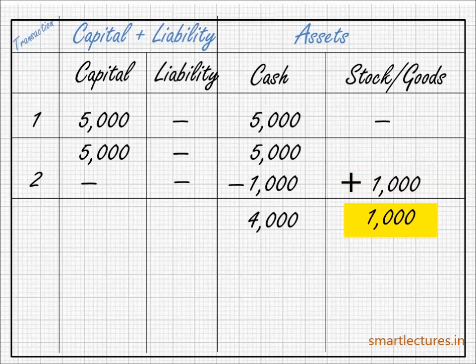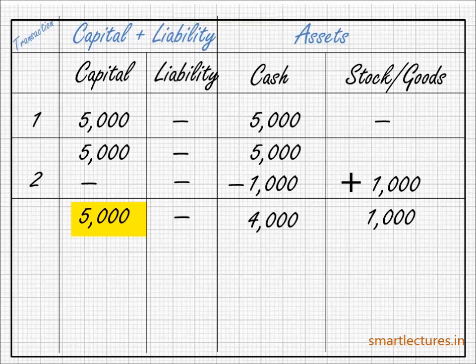It means 4,000 plus 1,000. And on the capital side, the previous capital was 5,000 and the new capital will also be 5,000. There will be no change. You know, the capital is increased due to profit and decreased due to loss. But if you purchase the goods, there will be no change in the capital.